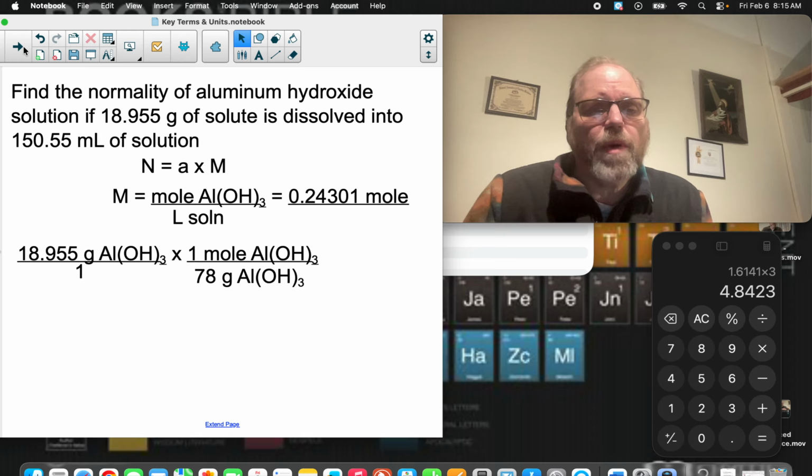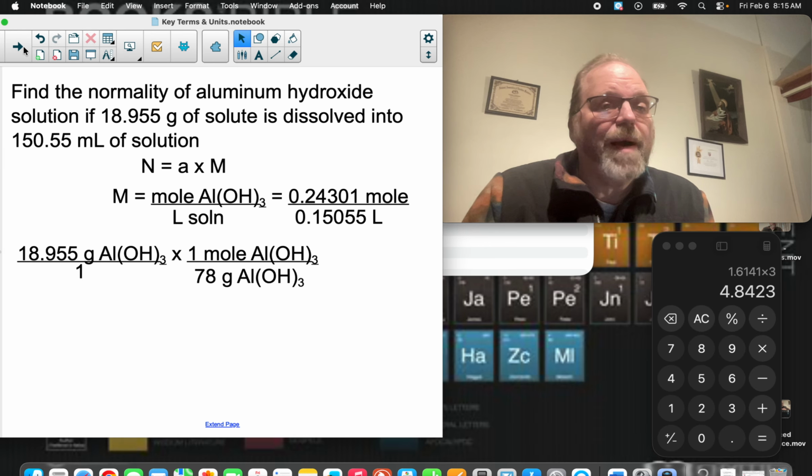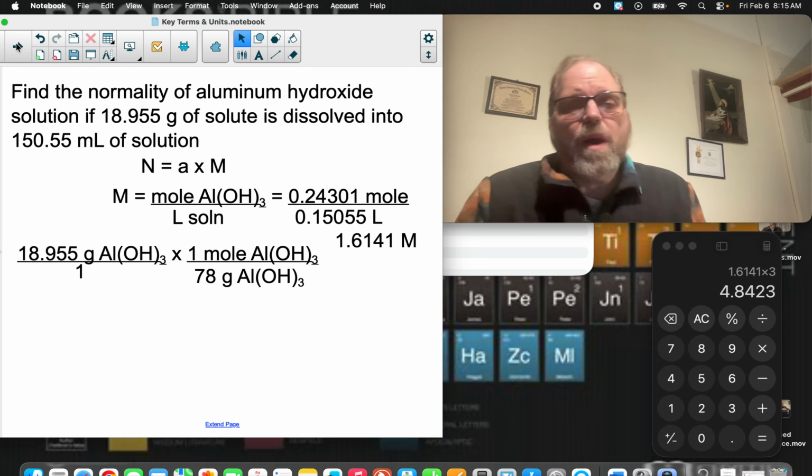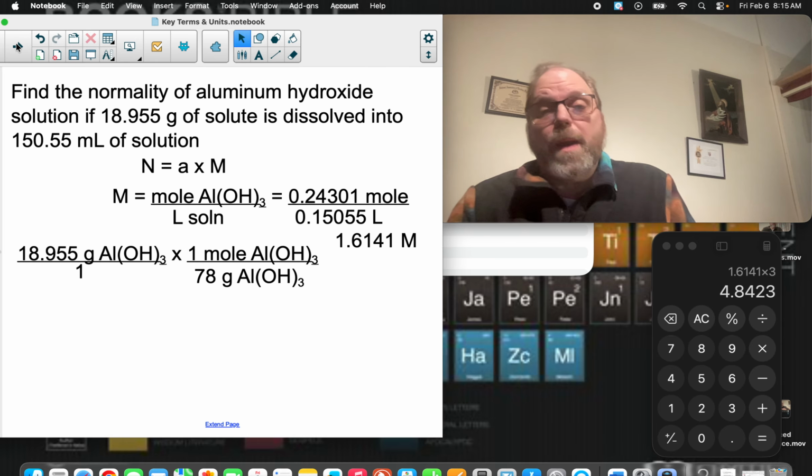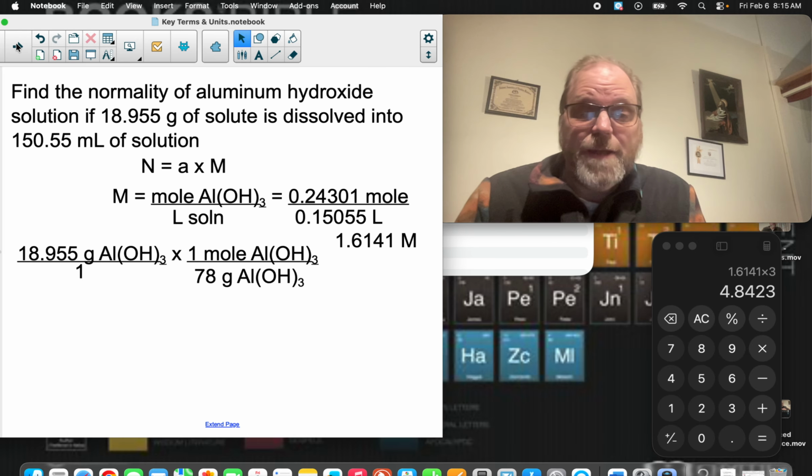We get 0.24301. And then we're going to convert my milliliters to liters, moving 3 places to the left, 0.15055 liters, multiplying through, we get 1.6141 molar.